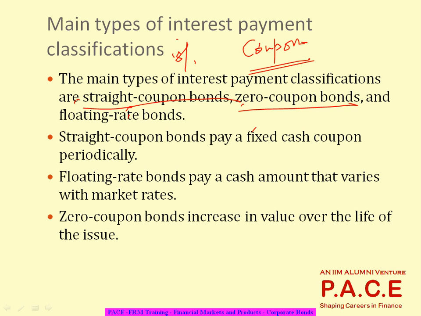If I say YTM is 8% for that bond, every year it has to pay an interest of 8, but it is not disbursing that 8, it is just getting accumulated. So YTM is about annual interest, whereas coupon is about disbursement. If I say a straight coupon of 7%, but YTM of 8%, actually 8% is what is getting accumulated every year, but only 7% is paid, 1% is not getting disbursed.